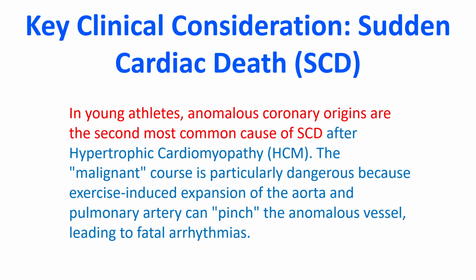In young athletes, anomalous coronary origins are the second most common cause of sudden cardiac death after hypertrophic cardiomyopathy. The malignant course is particularly dangerous because exercise-induced expansion of the aorta and pulmonary artery can pinch the anomalous vessel, leading to fatal arrhythmias.